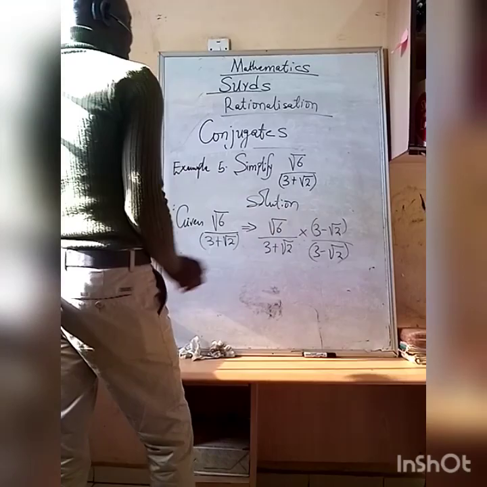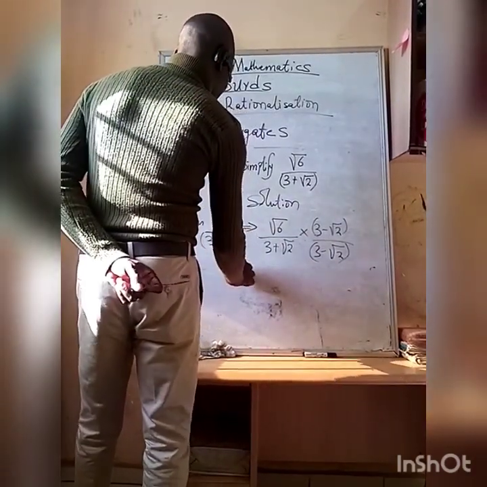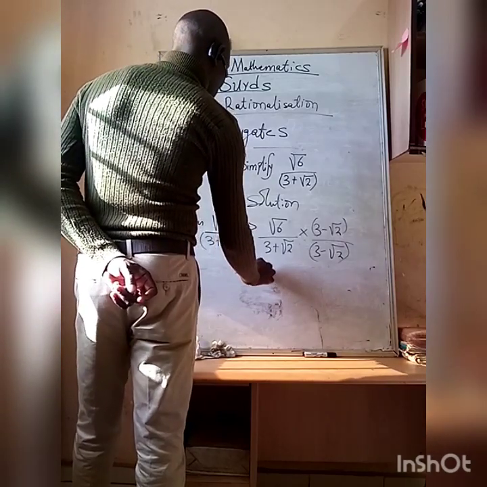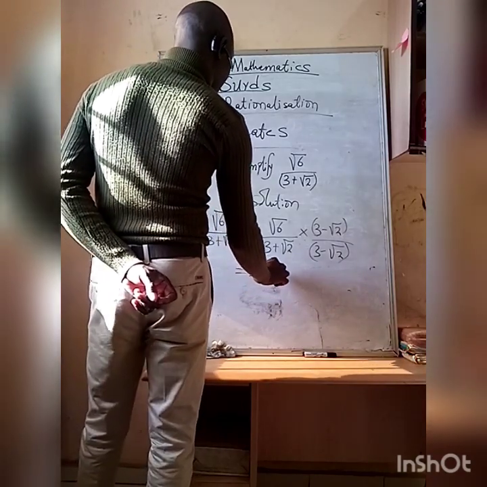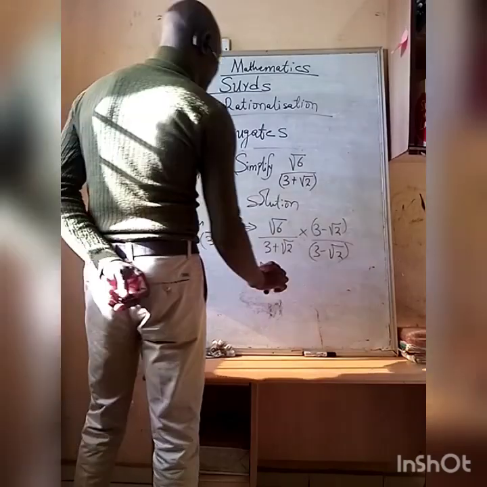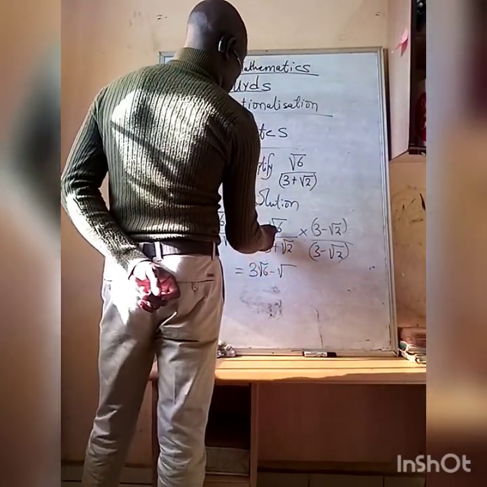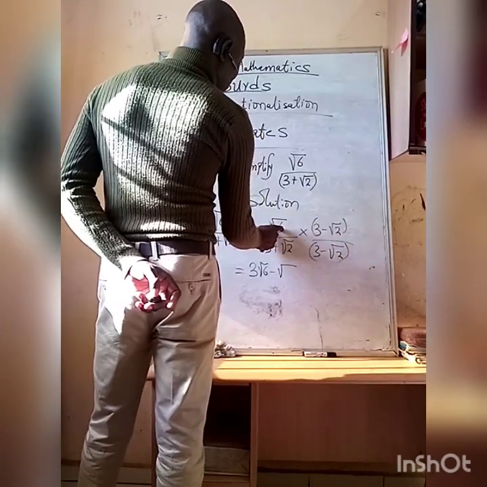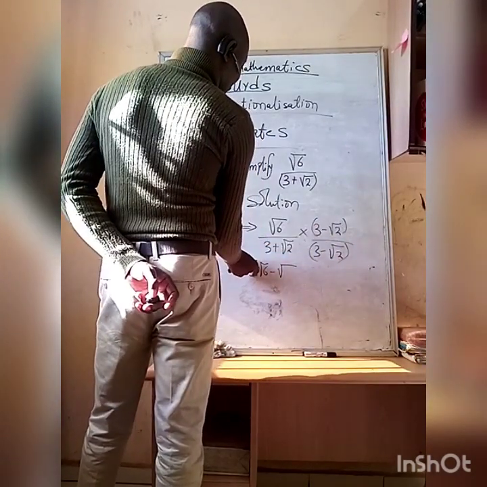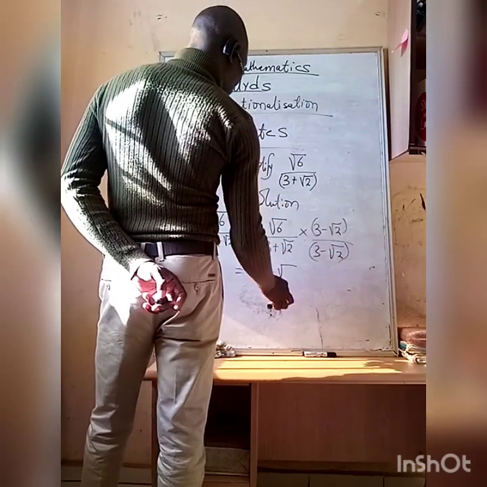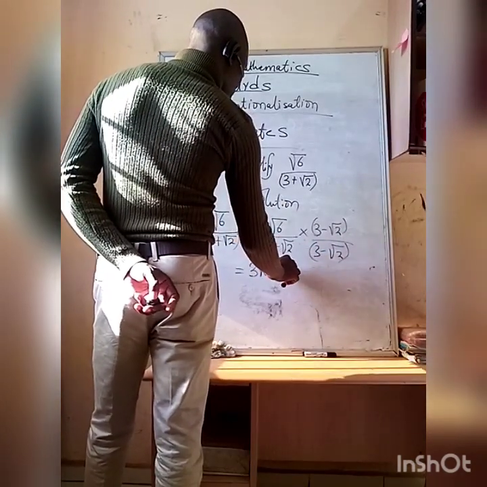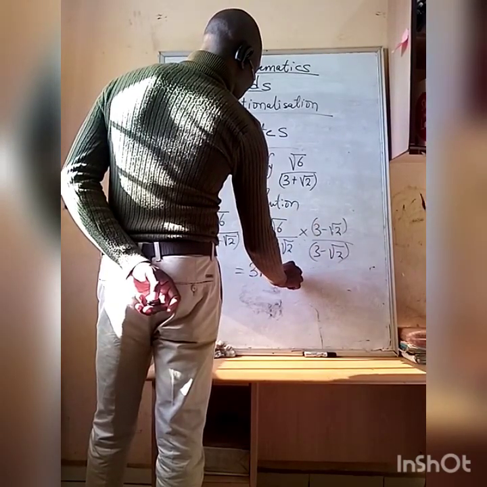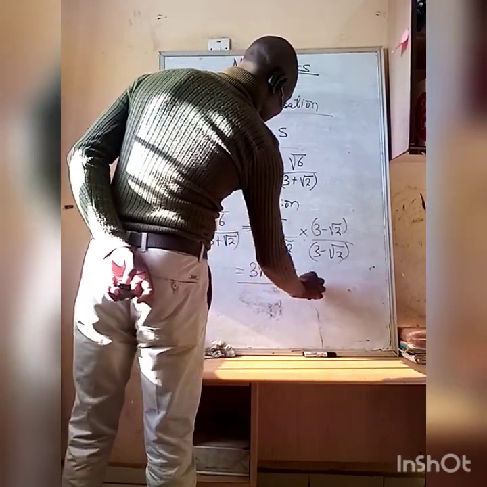So when we expand, we are now going to have 3 root 6 minus root, because this is going to multiply each of the terms here. So when this multiplies this, it gives us 3 root 6, and when this multiplies this, it gives us root 6 times 2, if you like, you split this up, all over.